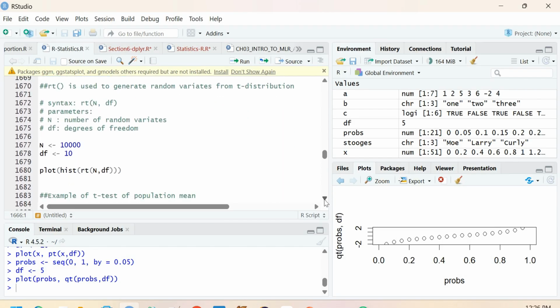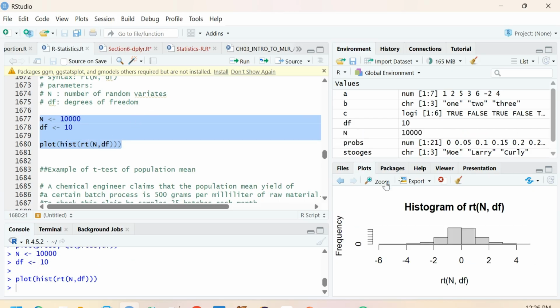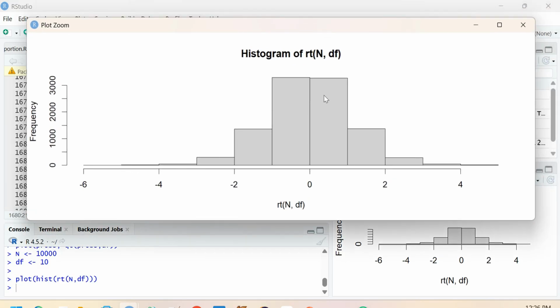And for the r function, we can generate random numbers from a t-distribution. We generate 10,000 such random numbers from a t-distribution with degrees of freedom 10. And we plot in histogram. So this will mimic a t-distribution's probability density function.